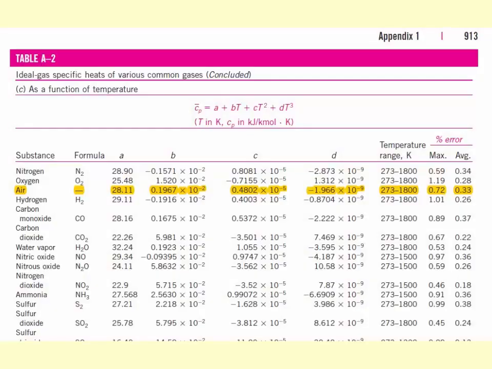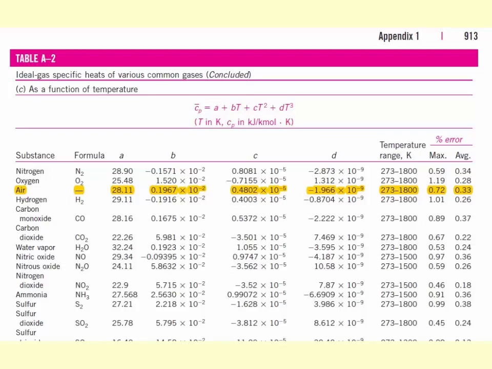If you have your books, I recommend looking at it, because it will help you learn how to do it. So C sub P, and this has a line over it. What does the line indicate? Sometimes it does. In this case, it doesn't, but this means that it's in units of kilojoules per mole, or kilomole. So we have to be careful about our units on that.